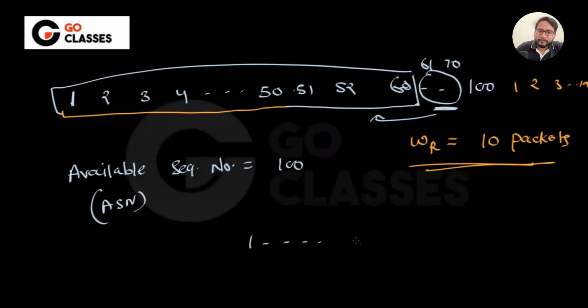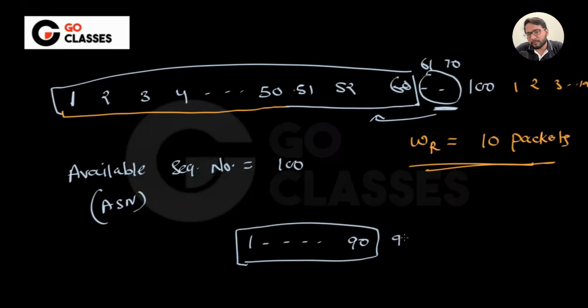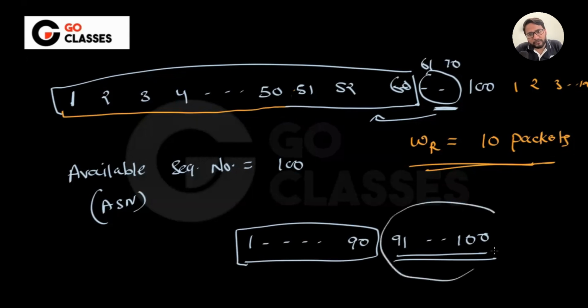Why? Because if you send this, then even if all of this is lost, the receiver will be waiting for the next sequence numbers, which are not coinciding with your current sequence numbers, right? So what is the receiver going to expect next? That will be WR, the window size of the receiver.